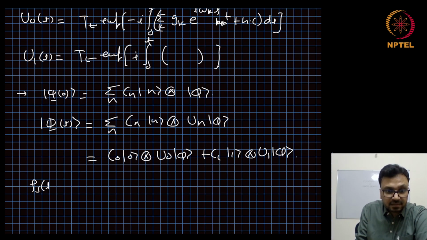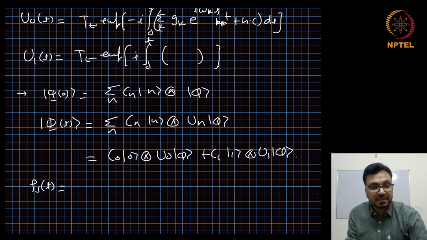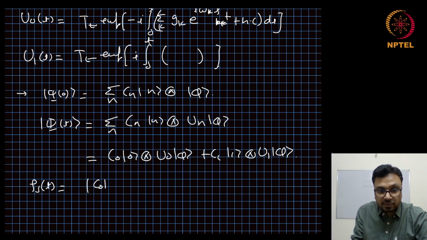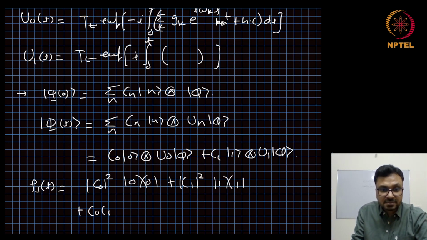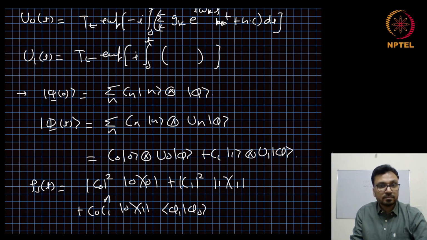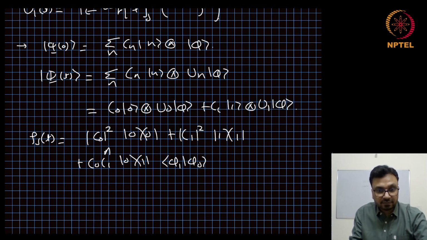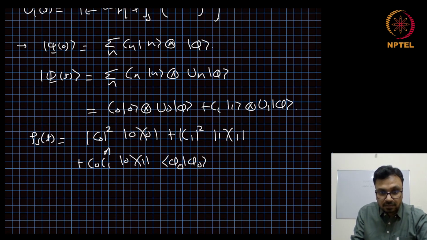And from here we can find that the state of the system at time t becomes |c_0|² |0⟩⟨0| plus |c_1|² |1⟩⟨1| plus c_0 c_1* |0⟩⟨1| times ⟨φ_1|φ_0⟩.